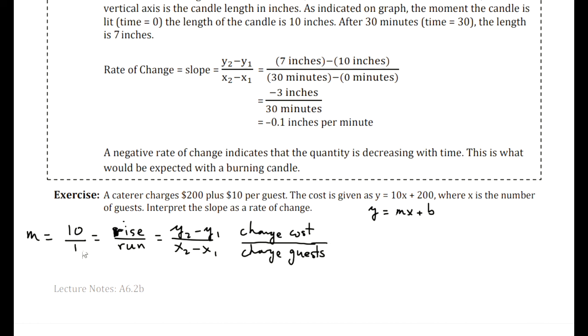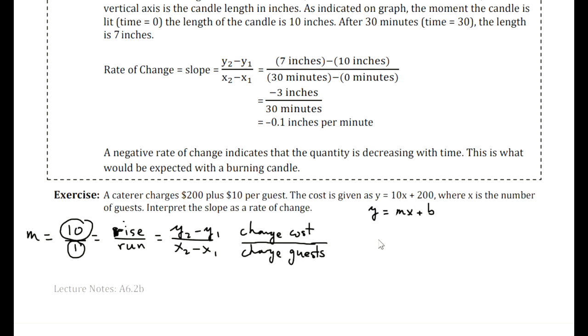So if we come back to here, if we have one additional guest, if the change in guests is 1, then the rise in price and cost will be $10. So the slope here can be interpreted as the rate of change in the cost.